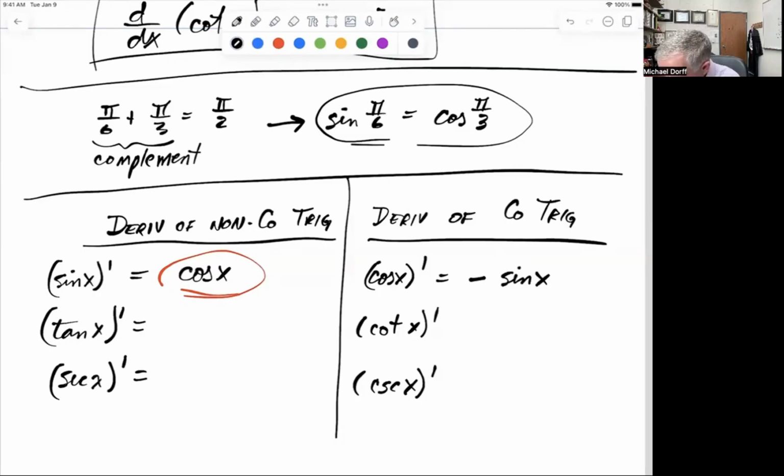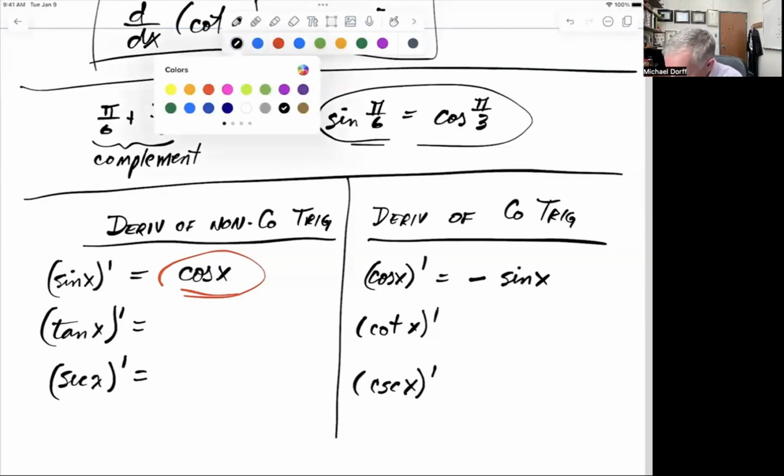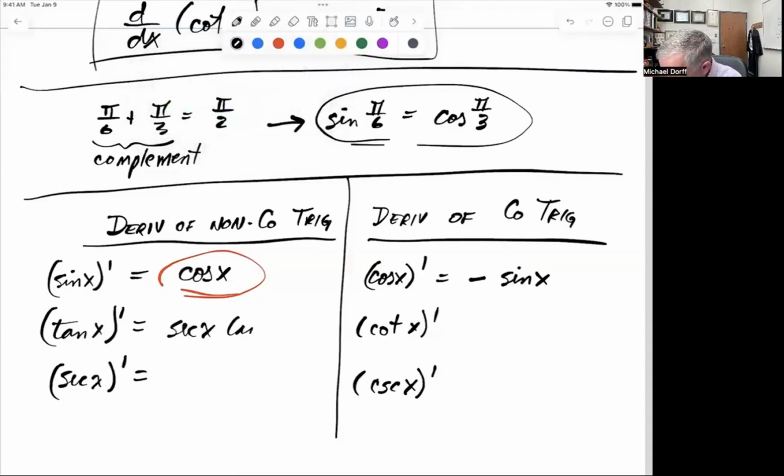If I go back and do the derivative of tangent, it's secant squared x, and the derivative of secant is secant x tangent x. Now, to find the derivatives of the co ones, I'm always going to have a negative for all of these.